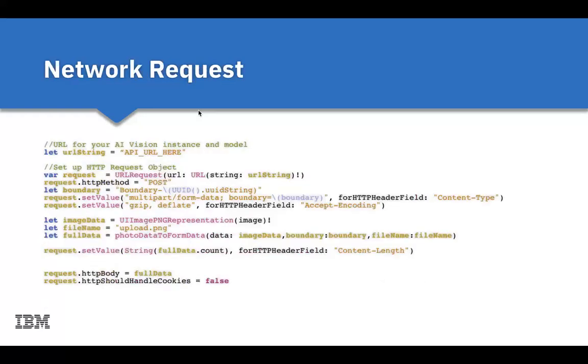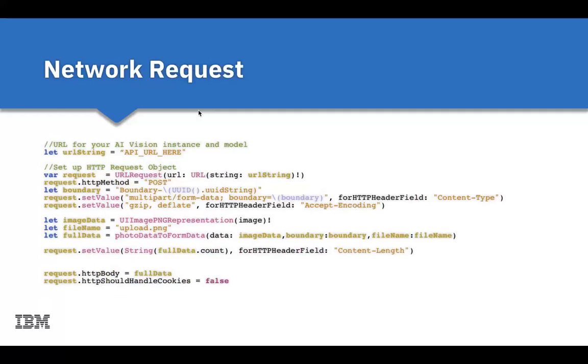Then we've got our network request. I'm going to go into this in a bit more detail when I show you the code, but fundamentally we're creating a network request that lets us send that data. We've got our URL right at the top, so that's our API, that's where our server sits, that's where our AI Vision instance sits, and then we've got some code that creates our request and uploads an image.